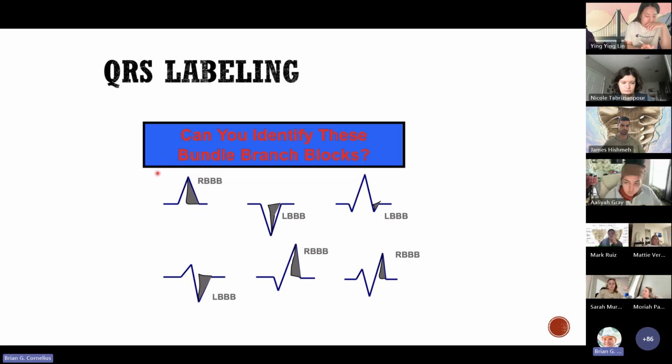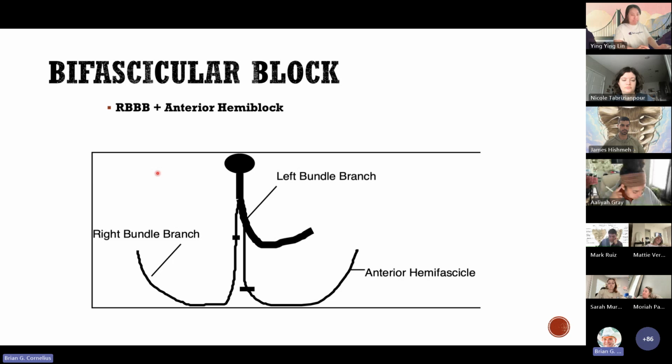All right, cool. So now we're going to talk a little bit about why that matters. So we know how to identify it now, but let's talk about why it's clinically important to us. So this drawing's a little bit more crude than the nice picture of the heart earlier. But on the right side, you know that we have our right bundle branch block that comes down. So these little hash marks here are blockades.